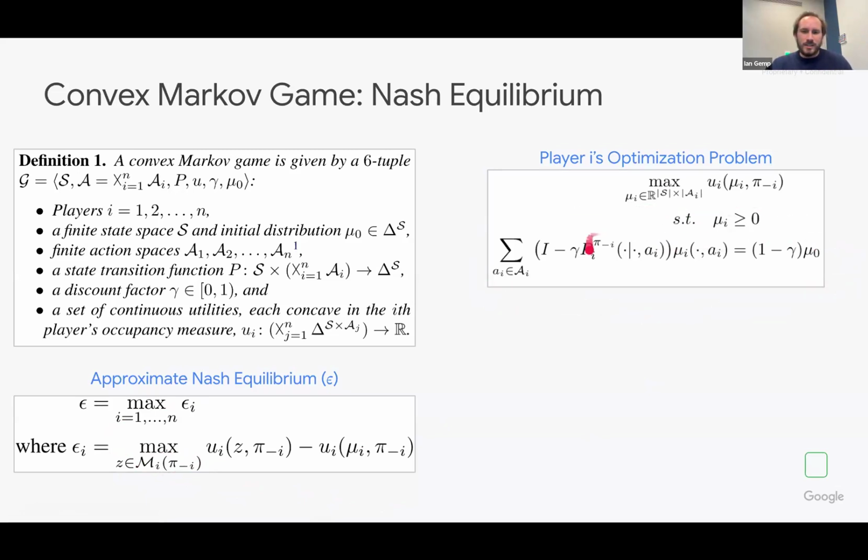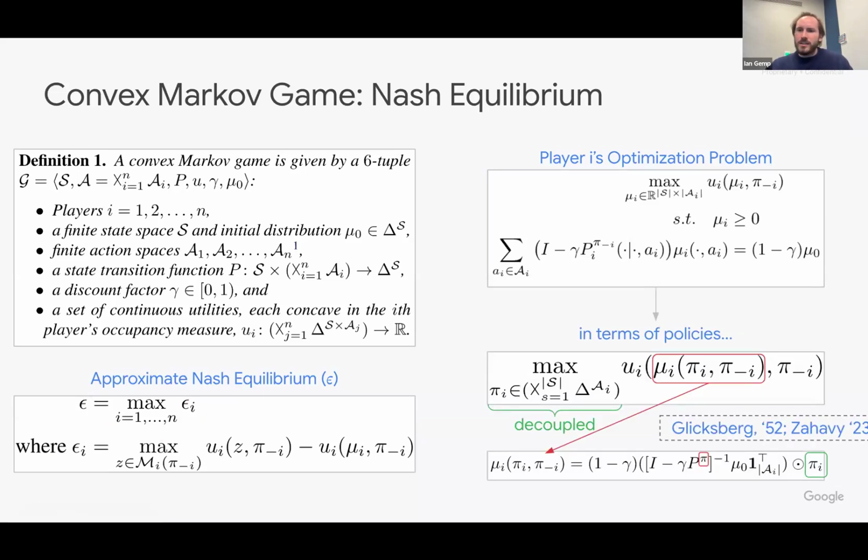These constraints, like I said, depend on these pi minus I's, and so that's why I've written: try to find an occupancy measure z within the allowed feasible set. This epsilon I measures the maximum a player can gain by deviating, and then the notion of approximation for Nash equilibrium is just taking the maximum over these epsilon sub I's. If those are all 0, then we're at a Nash equilibrium.